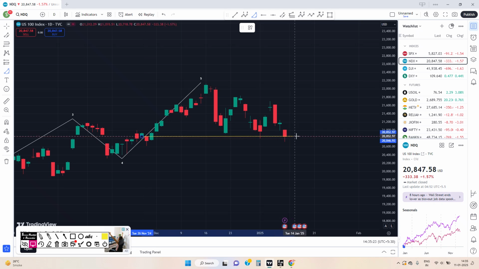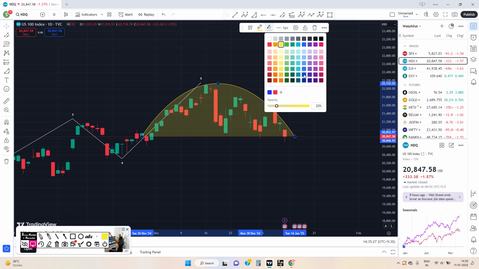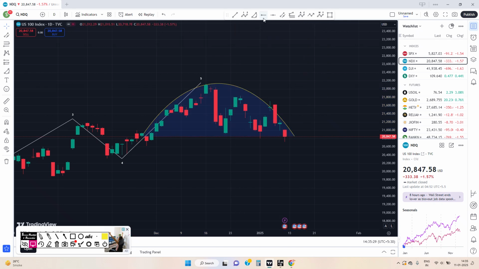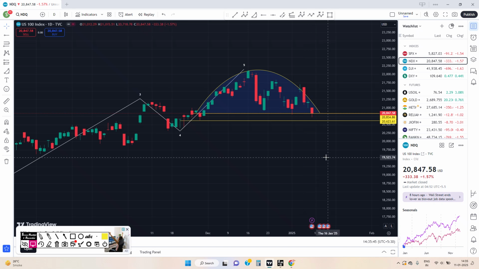a rounding top pattern has already broken down over here, and then we may see more downside. But the problem is you don't need to directly short sell. There are some levels which need to be broken down on the downside, my dear friends, and there is a very high chance that the index will very soon breach this level.